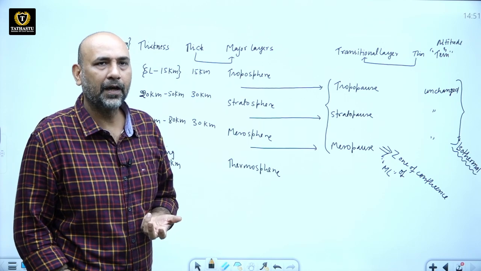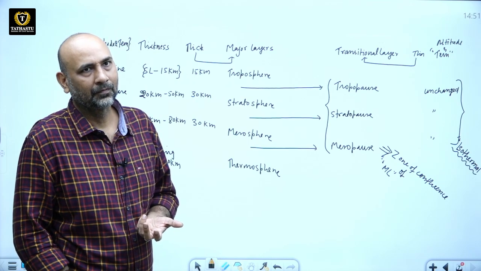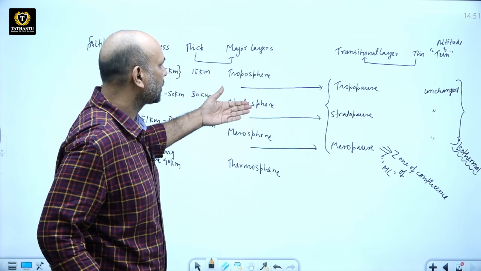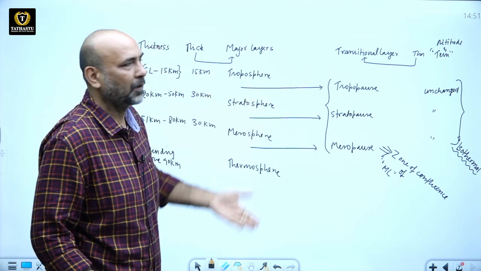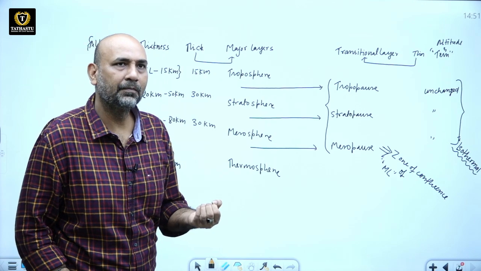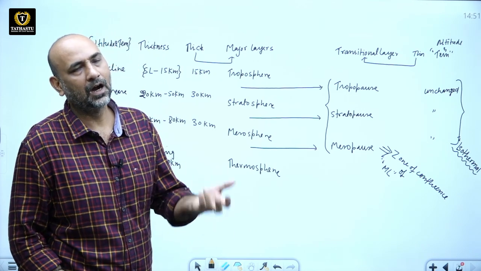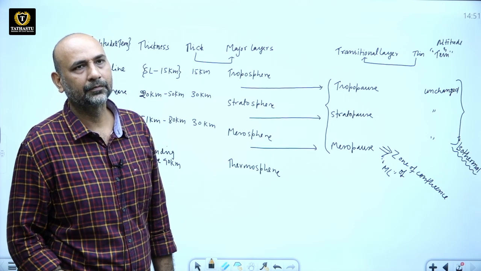In stratosphere, we have increase in temperature with altitude. So troposphere and stratosphere merge at tropopause. So that becomes a zone of merger, thin and without change in temperature with altitude. Is it understood?